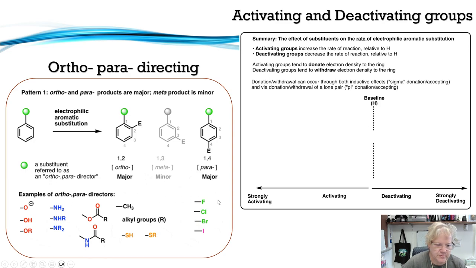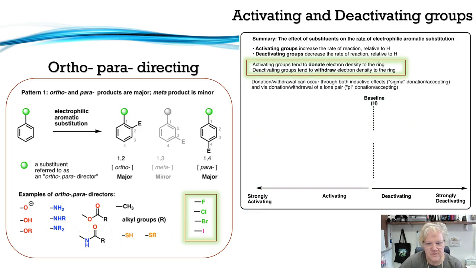They direct off of resonance form stabilization. Now, the thing is, if we look at these, they're ortho-para directors, but they are deactivating. They're going to direct, but they're deactivating.